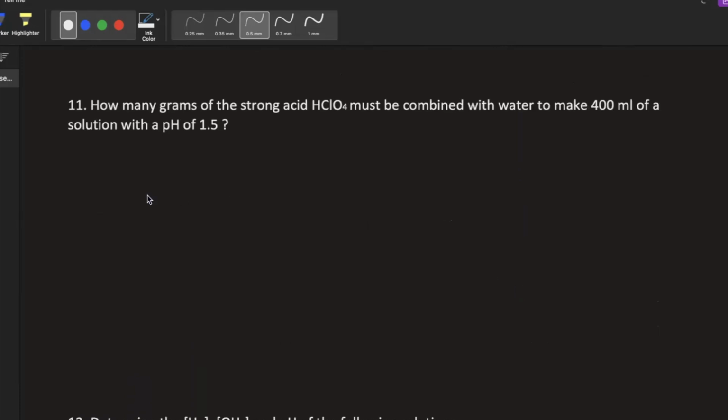Okay, how many grams of the strong acid HClO4 must be combined with water to make 400 milliliters of a solution with a pH of 1.5? We're going to do the same thing we did with the previous problem. We know that HClO4 is a strong acid.